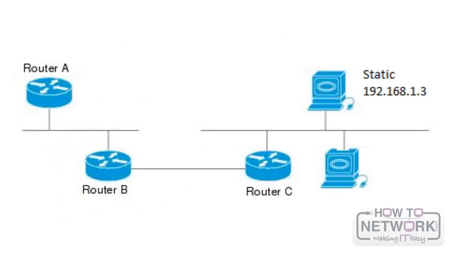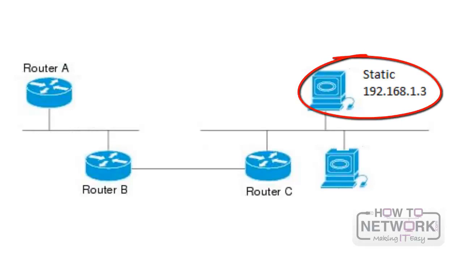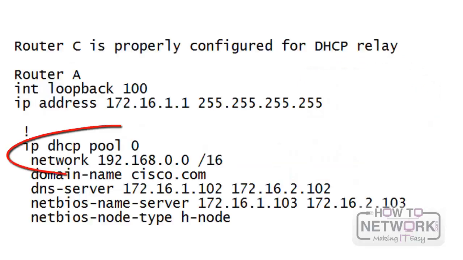Now take a look at the network once again, and here's a hint for you. Actually take a look outside of the router itself, and we have a static client on the network. Take a look at the configuration again and see if that helps you troubleshoot this issue. You'll see here the DHCP pool is 192.168.0.0, but what's missing?